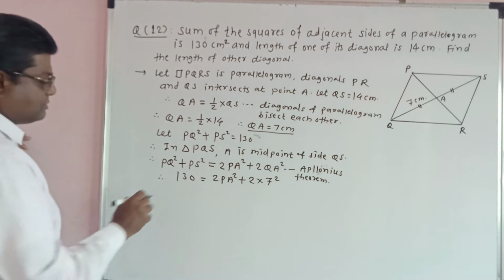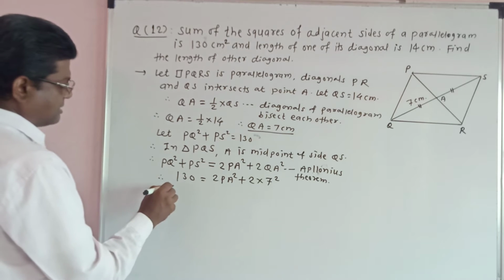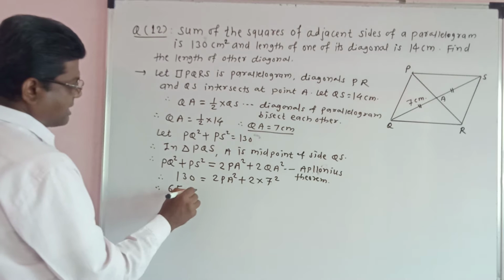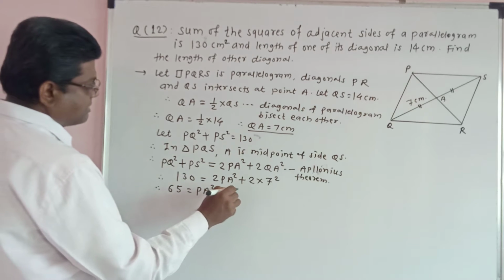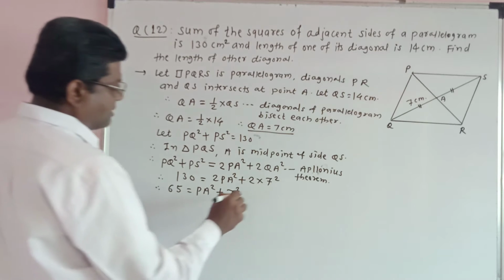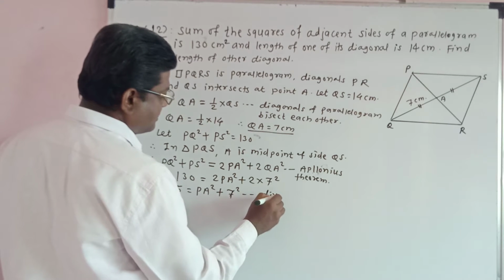Divide both sides by 2. 130 divided by 2 is 65, which is equal to PA square plus 7 square.